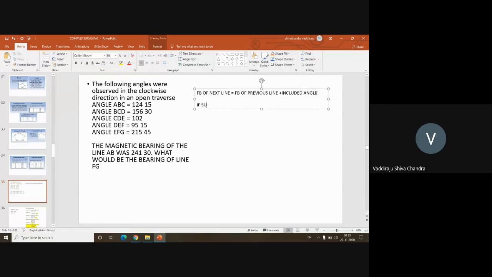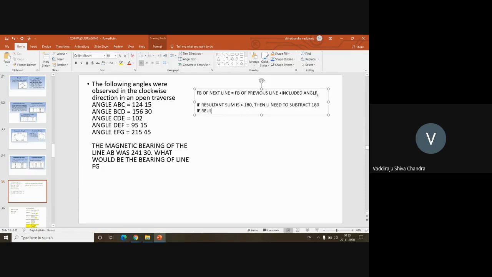Okay, if the resultant sum is greater than 180, then you need to subtract 180.